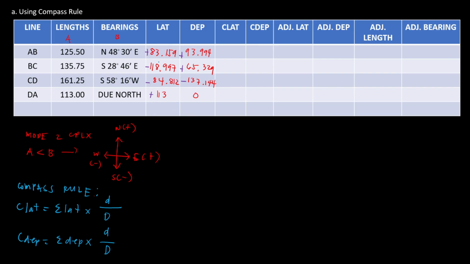First, get the summation of latitude: 83.159 minus 118.997 minus 84.8112 plus 113. The summation of latitude is negative 7.65, and the summation of departure is 22.179.